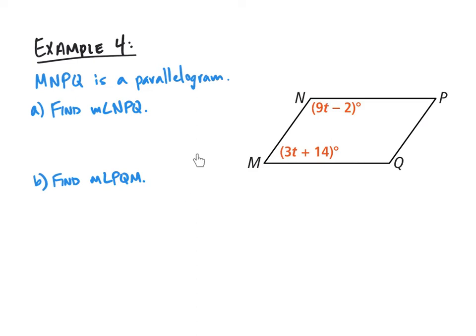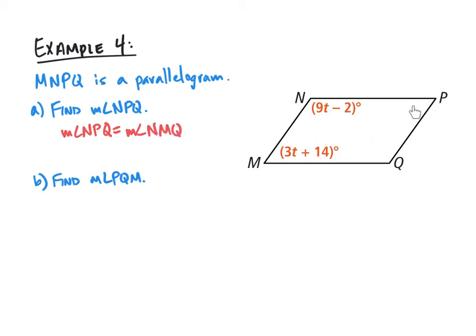And for the last example in this video, we're going to take a look at another parallelogram where we have to find angle NPQ, which would be this angle, and angle PQM, which would be this angle. Now, what I'm going to remember is that the measure of angle NPQ would be equal to the measure of angle NMQ.